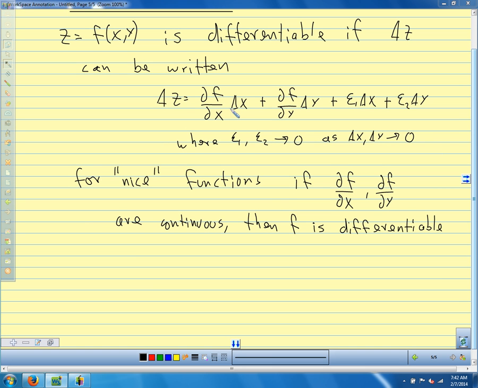Also, it's interesting to know that if f is differentiable at a point, then it is continuous at that point.